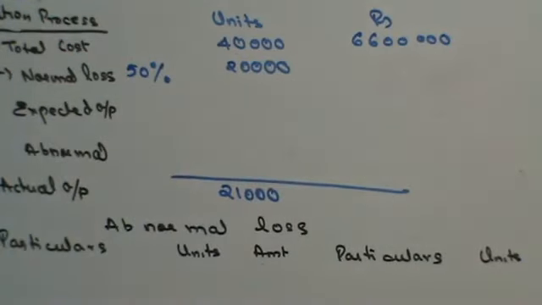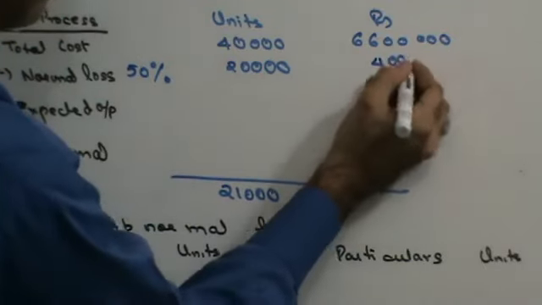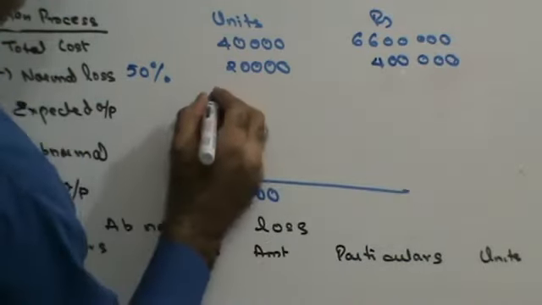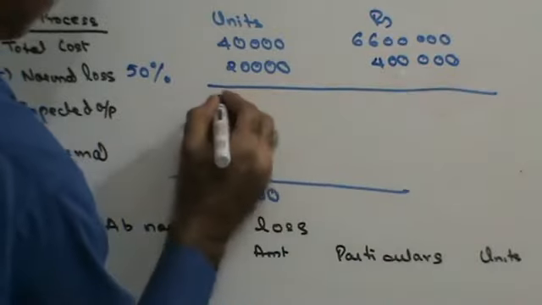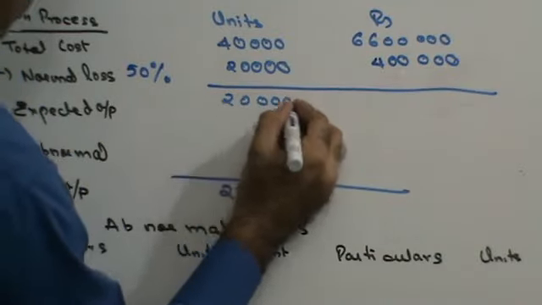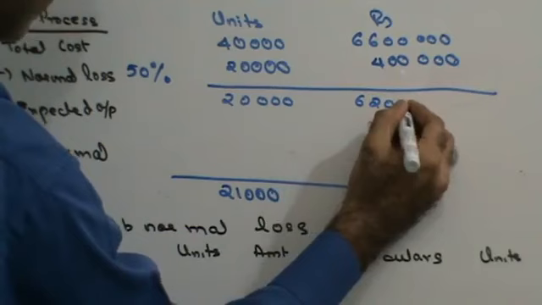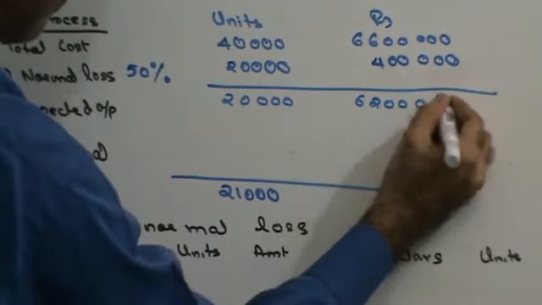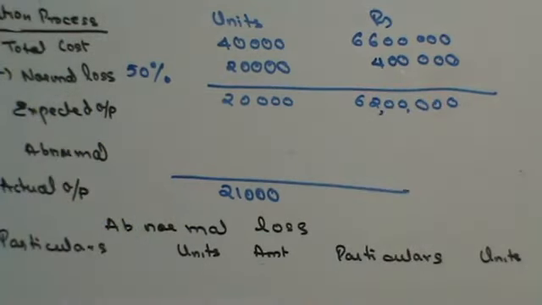Loss is to be calculated at the rate of scrap. If you see your assimilation process, the scrap value is given to you as 20 rupees. So 20,000 into 20 will give you 4 lakhs. So your expected output will be 20,000 and this will be 62 lakhs.